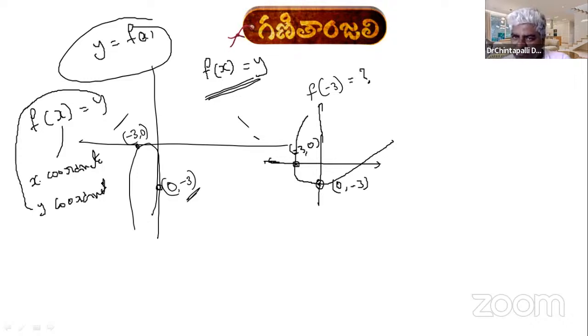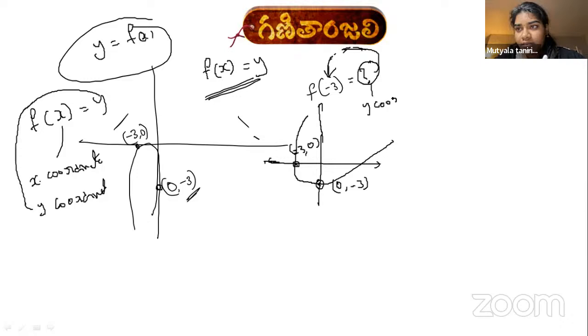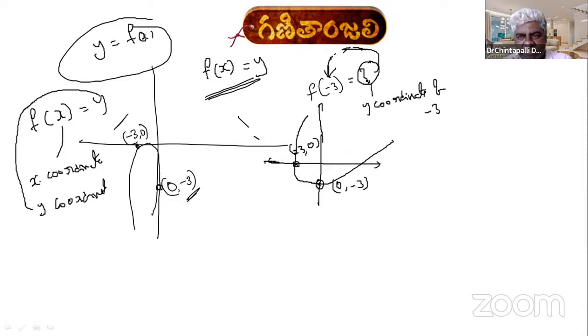It is nothing but the y coordinate of -3. So the answer will be 0.